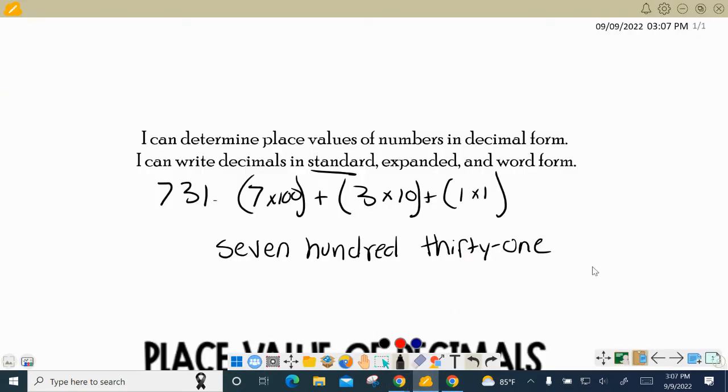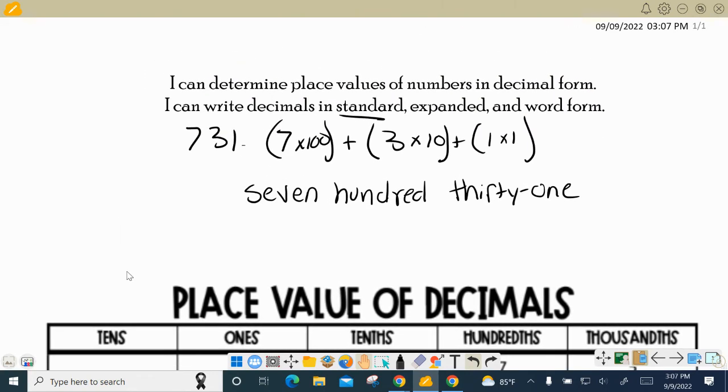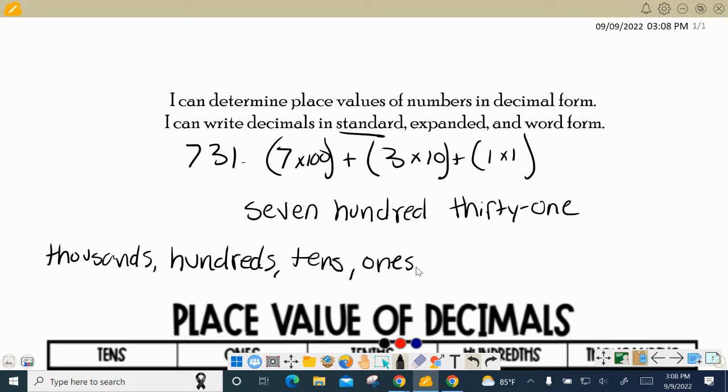Now you might say that sounds familiar, but it sounds like you're talking weird. When we get to our decimals, the way we say decimals is like the complete opposite of place value. We just add a TH on it. So instead of having your thousands place, which used to be thousands, and then hundreds, and then tens, and then ones, now we just go backwards and we say tenths, hundredths, and thousandths.